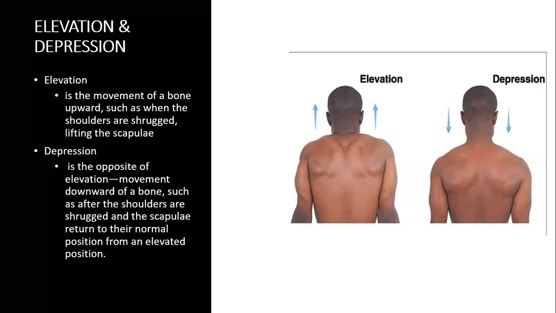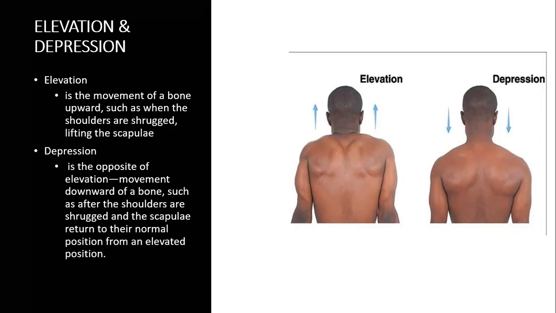But what you'll see in most physical therapy is that elevation and depression basically works at the shoulders, and it takes into account the movement of the scapula. When we elevate the scapula, we're moving the scapula upwards. And what we would tell our patient is, we want you to shrug your shoulder. Bring your shoulders towards your ear.